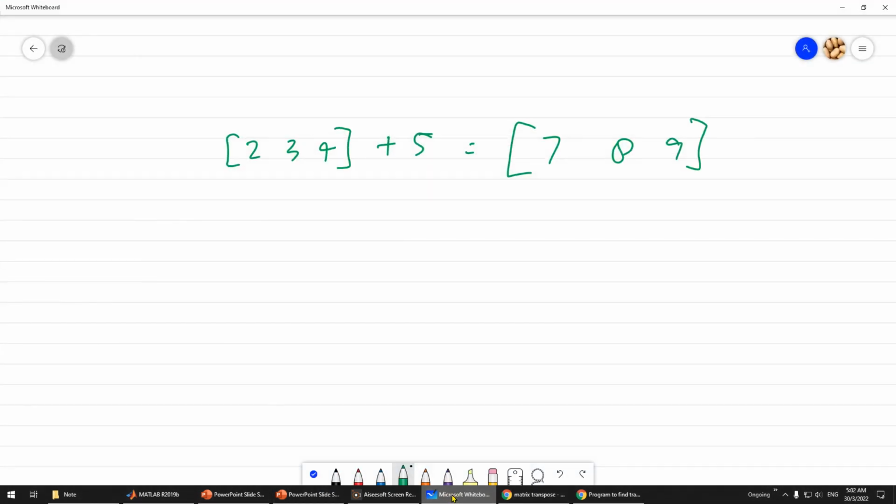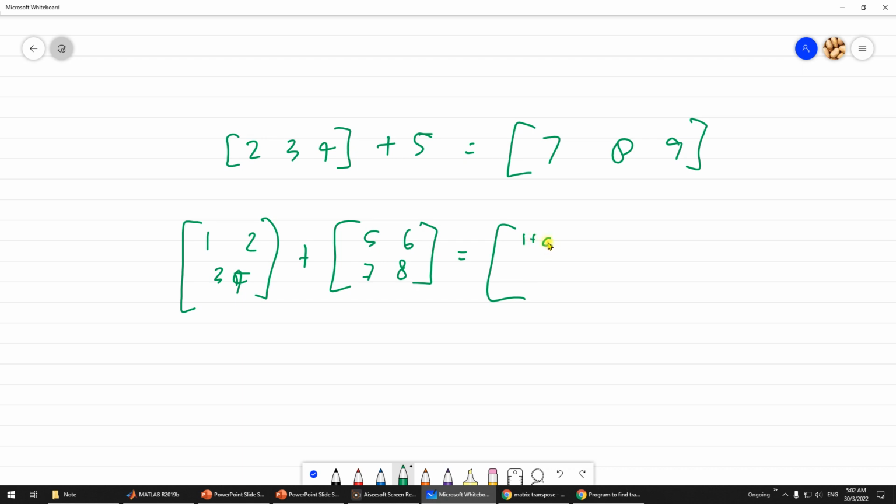I have to show you because you have to do this manually. You have to recall your matrix knowledge. So let me show you. 1, 2, 3, 4 plus 5, 6, 7, 8. So basically 1 plus 5, 2 plus 6, 3 plus 7, and 4 plus 8.